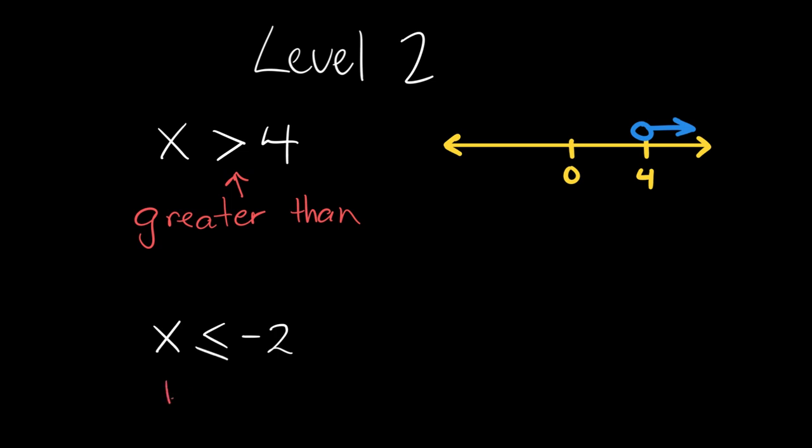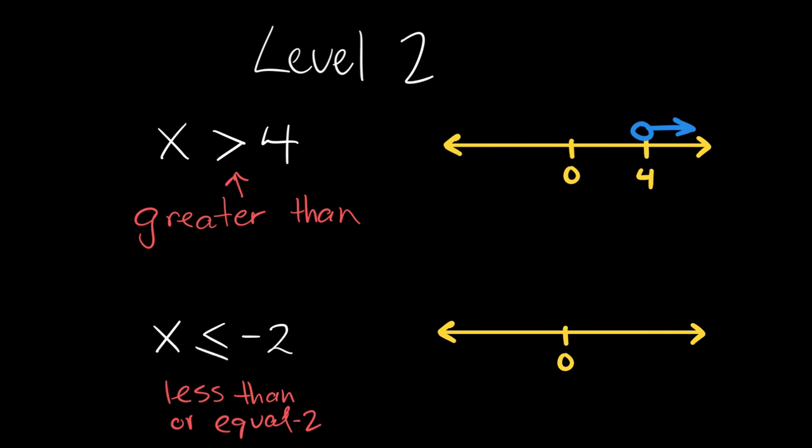As for a problem like x is less than or equal to negative 2, we can graph this as well. Negative 2 is somewhere on the left-hand side. If we're going to graph something like this, we need to include a closed dot, which means that we're including negative 2.